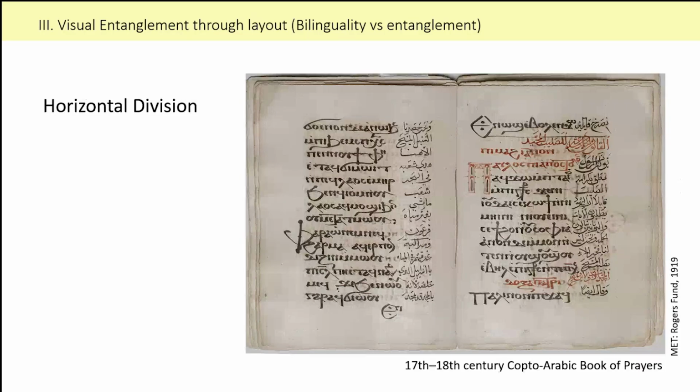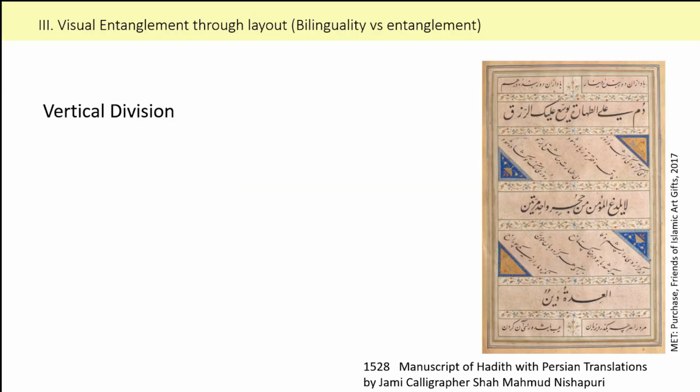Just a few examples of what I talked about. This is a Copto-Arabic bilingual historical system with vertical division, or vertical columns. And this is a horizontal division, where it's Arabic, then Persian, Arabic, then Persian.